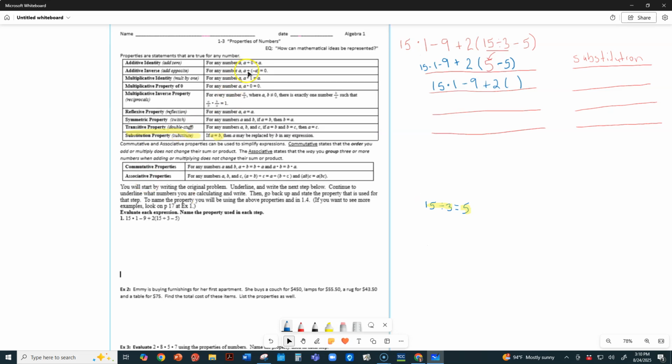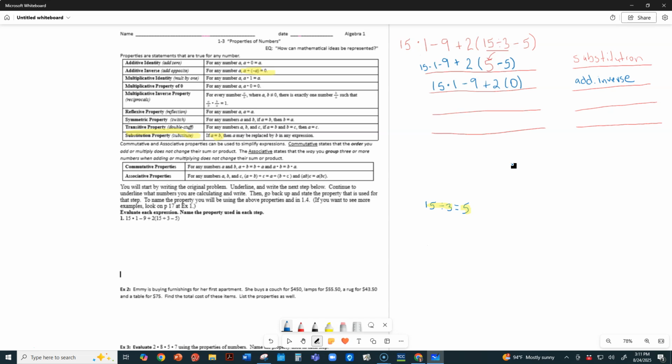That is this property here, where we are adding the opposite. We're saying 5 plus a negative 5, and we're getting the number 0. So we are substituting the value 0 in, but because this is that special property, it's not going to be called substitution. Instead, it's said that we use the additive inverse.